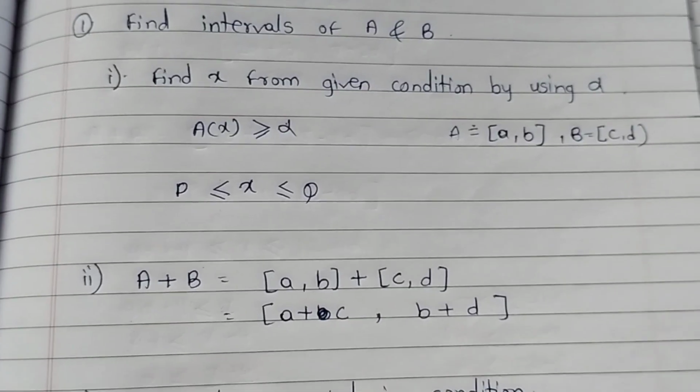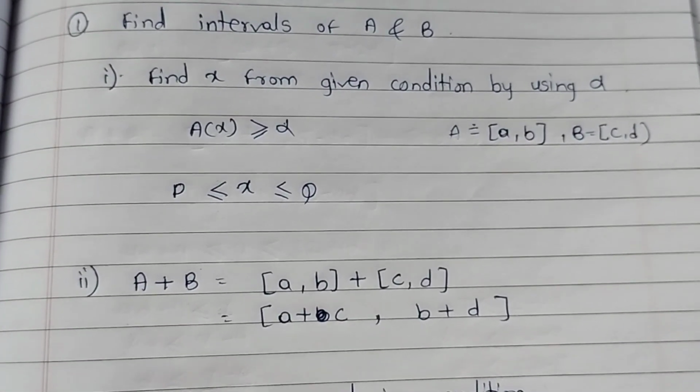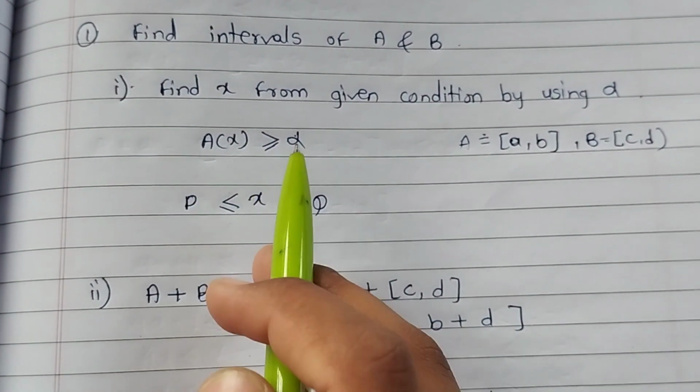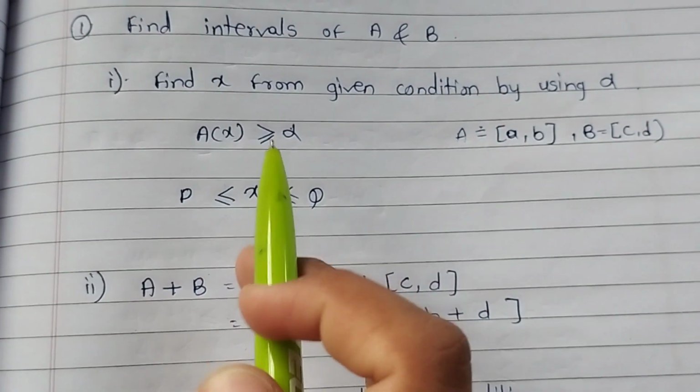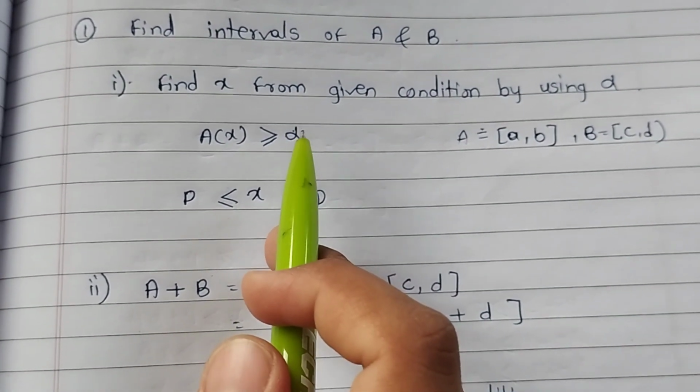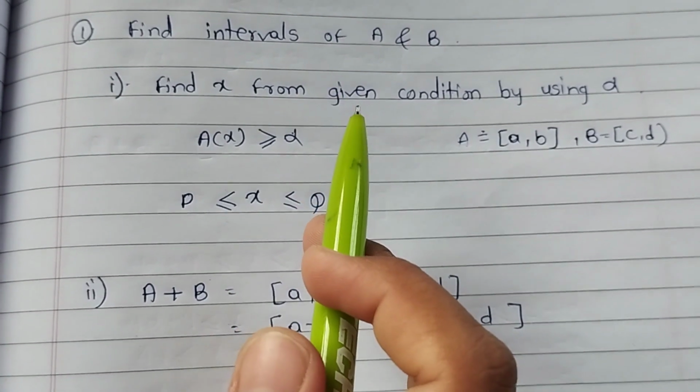So how to find the interval? For that we know a of x is always greater than or equal to alpha, and the question itself says that with the help of alpha we find the solution of a plus b.